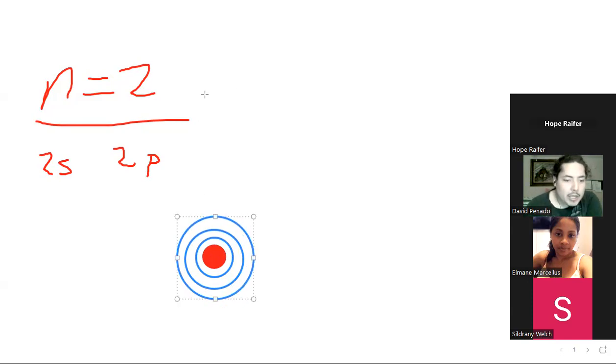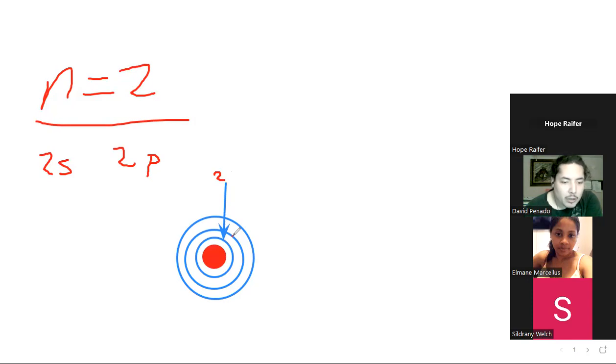So they say anything in the first ring can only carry 2 electrons.